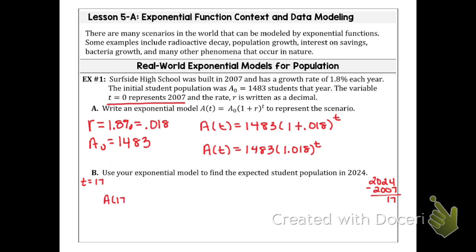So A of 17 is equal to 1,483 times 1.018 raised to the 17. And so we put this in our calculator, and it gives us approximately 2,008 students.